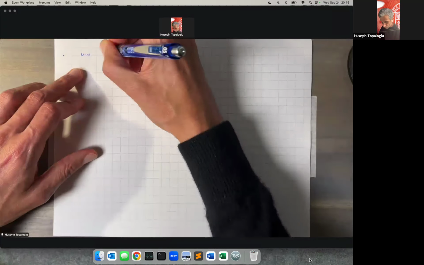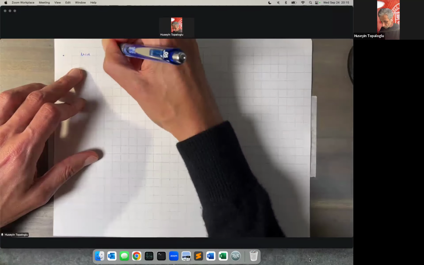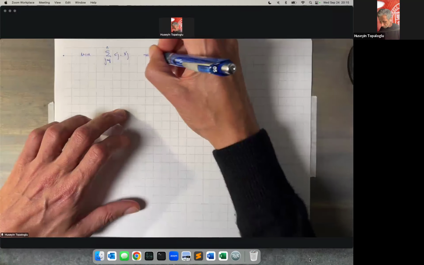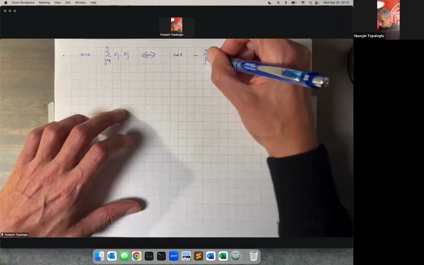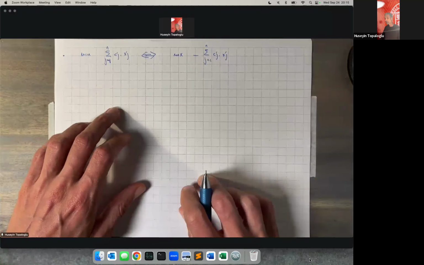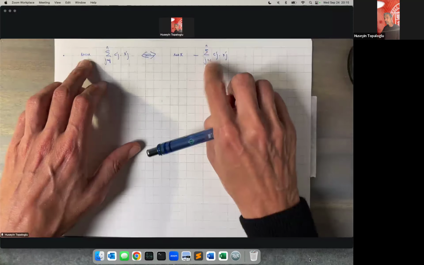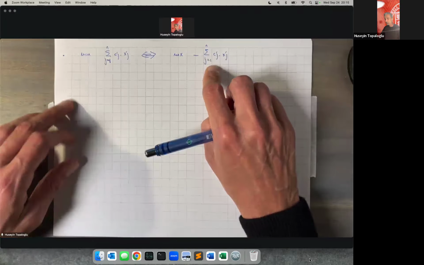So minimizing an objective function is equivalent to maximizing the negative of this objective function. So I can always turn a minimization problem into a maximization problem.